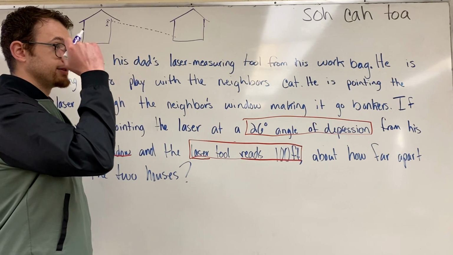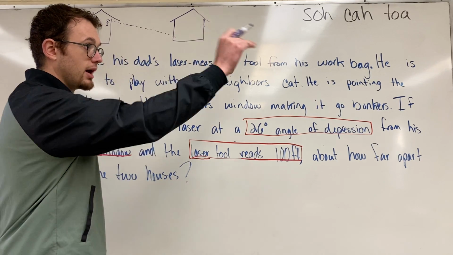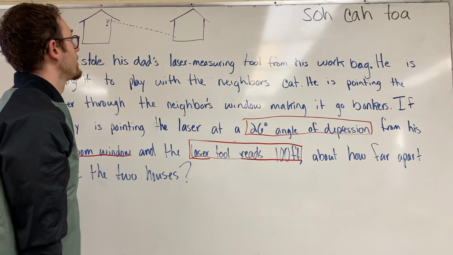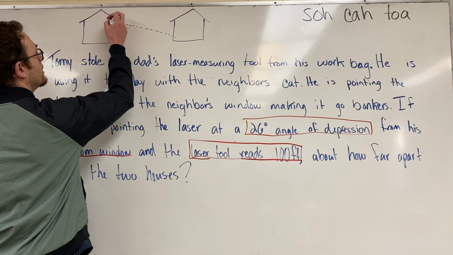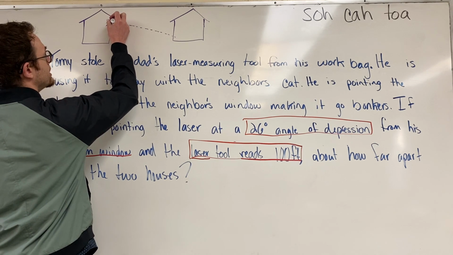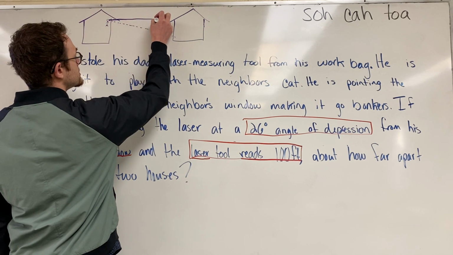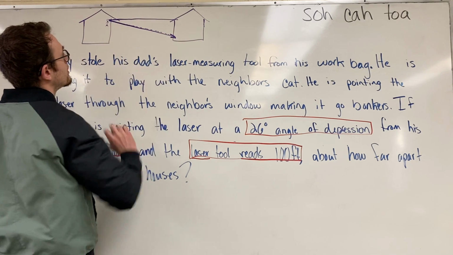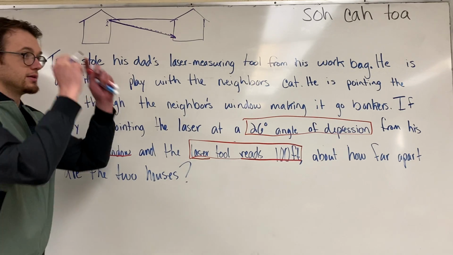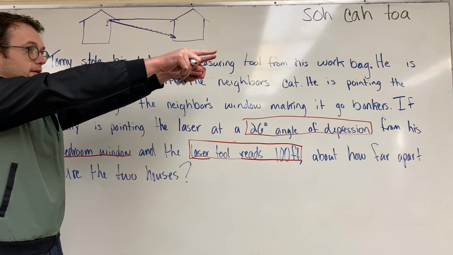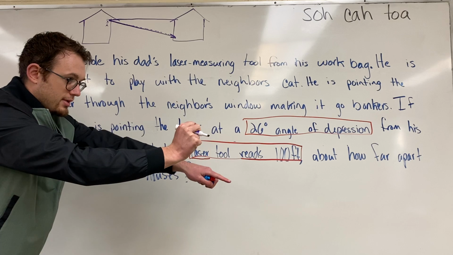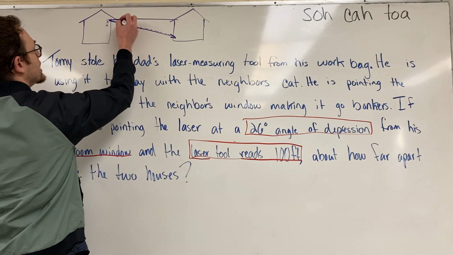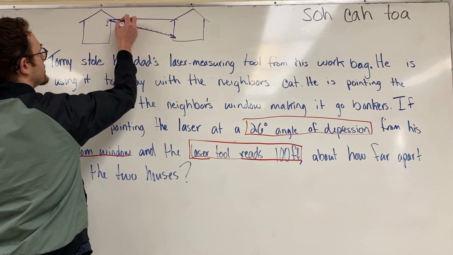Same thing if it was like angle of altitude, you always go from the horizon up or the horizon down. So the angle you would get from this is that, because he's looking out there, but then he's going down to point the laser, all right? So we have this angle of depression of 26 degrees.